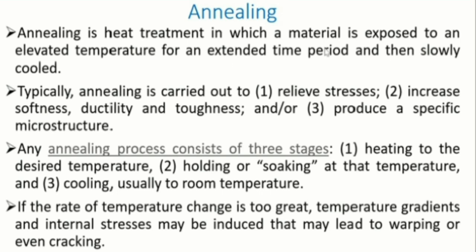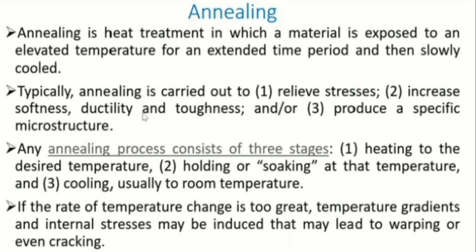So annealing is heat treatment in which a material is exposed to an elevated temperature for an extended period of time and then slowly cools down. So you raise the temperature, you heat it up, and then hold it for some time, and then you slowly cool. This is what we call annealing. Typically, it is carried out to relieve stresses, to increase softness and ductility.